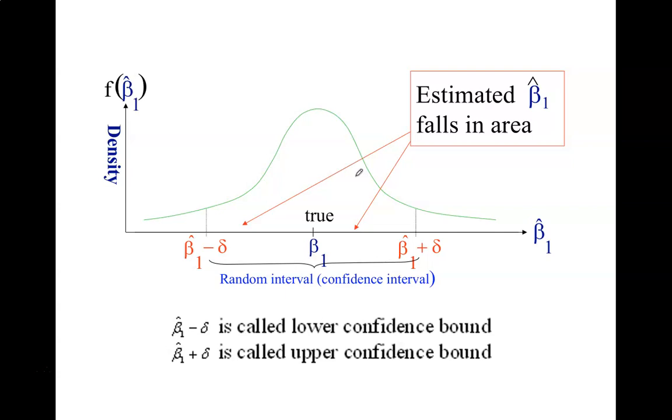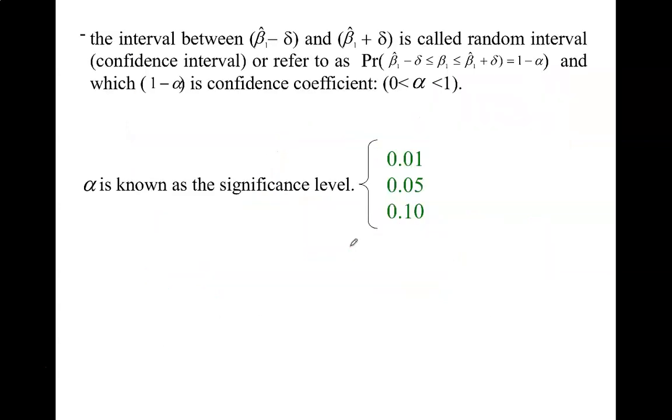It also depends on which significance level we choose, whether 10%, 5%, or 1%, which translates into a 90%, 95%, or 99% confidence level.